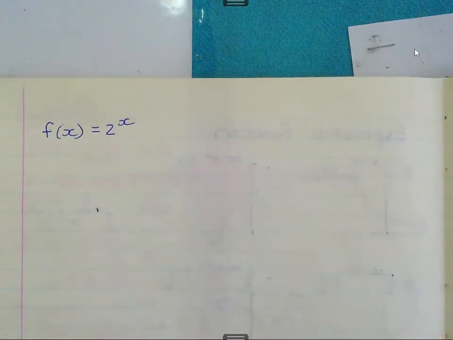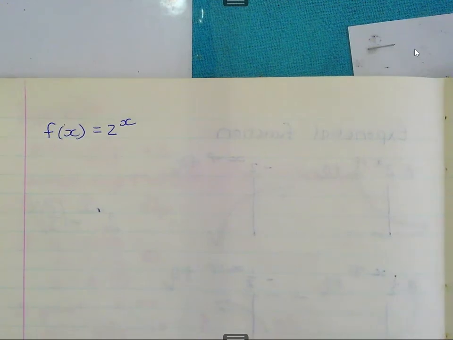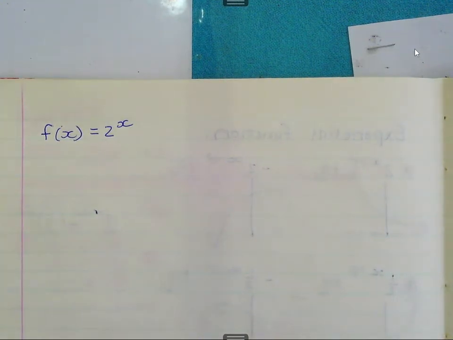Before we do this, something important that I noticed in previous years, like a week after we've been doing functions, and that's shocking, is that you don't know when it's a straight line, a hyperbola, a quadratic function, or an exponential function. Listen to me. If the x is in the exponent, it's an exponential function.